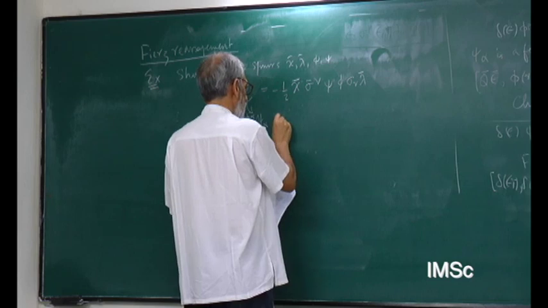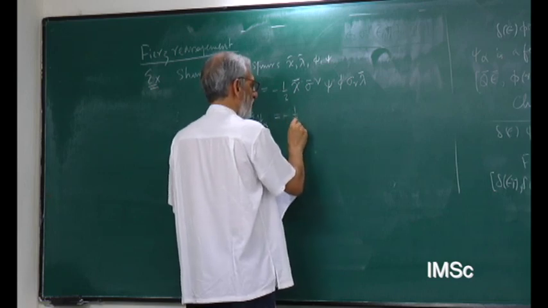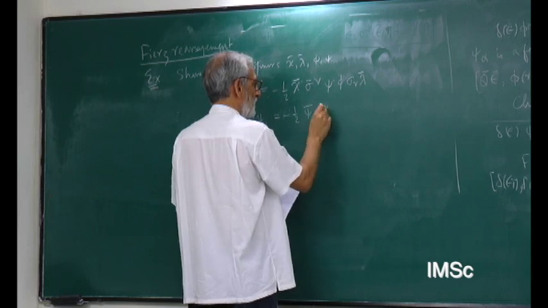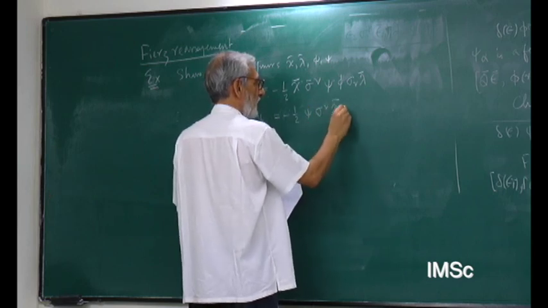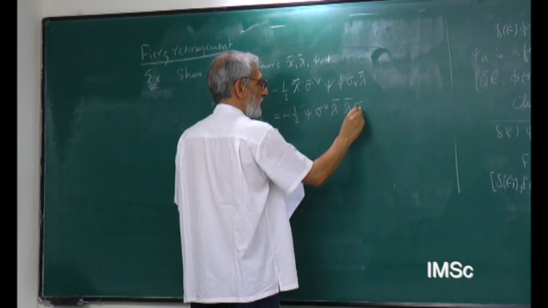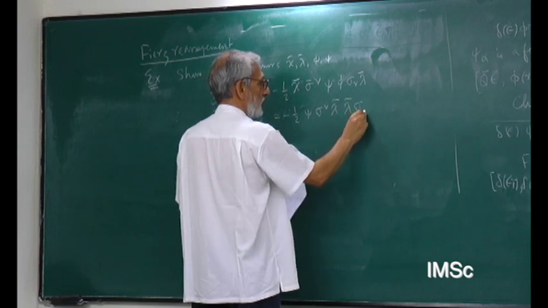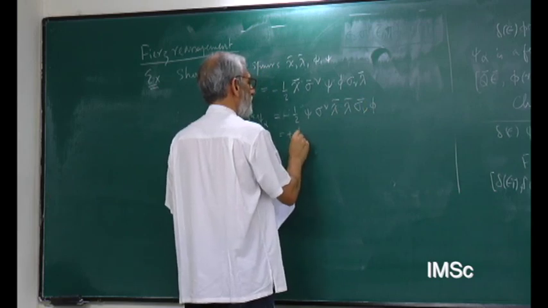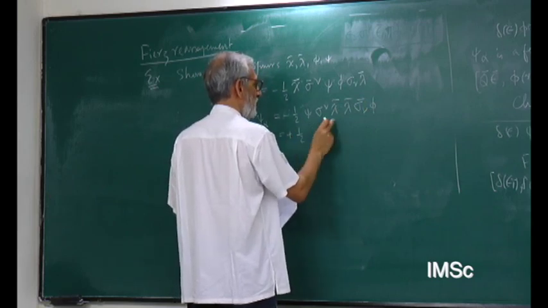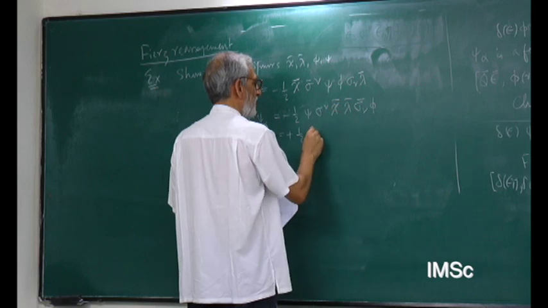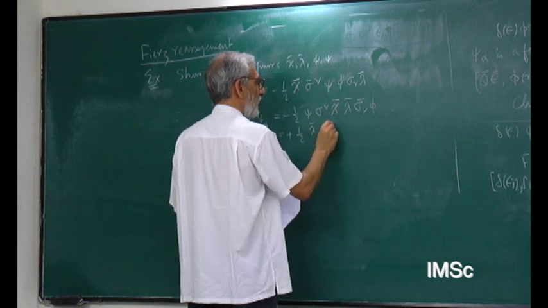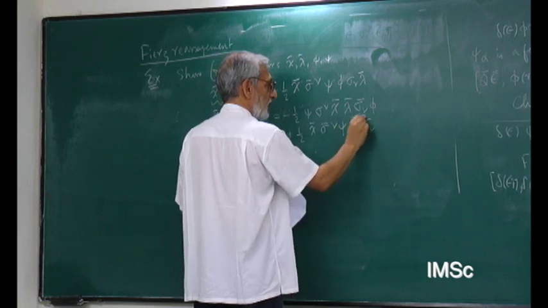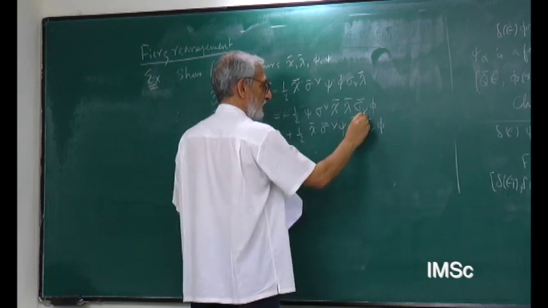That's also equal to minus half, interchange these, psi sigma nu chi bar lambda bar sigma nu bar phi. That is same as change the sign and interchange this, chi bar sigma bar nu psi lambda bar sigma nu phi bar.